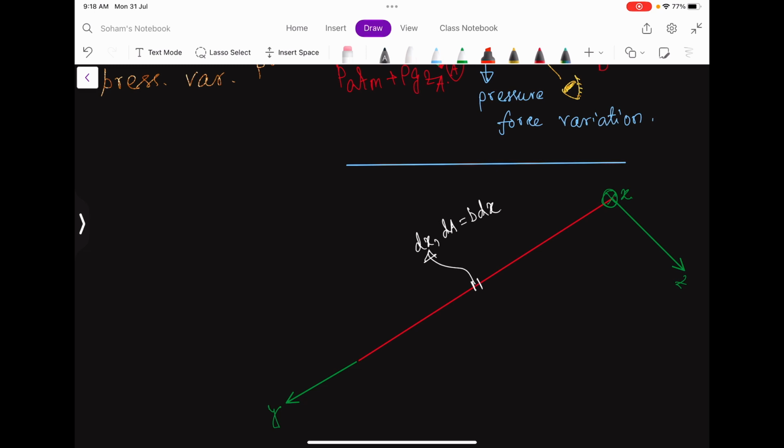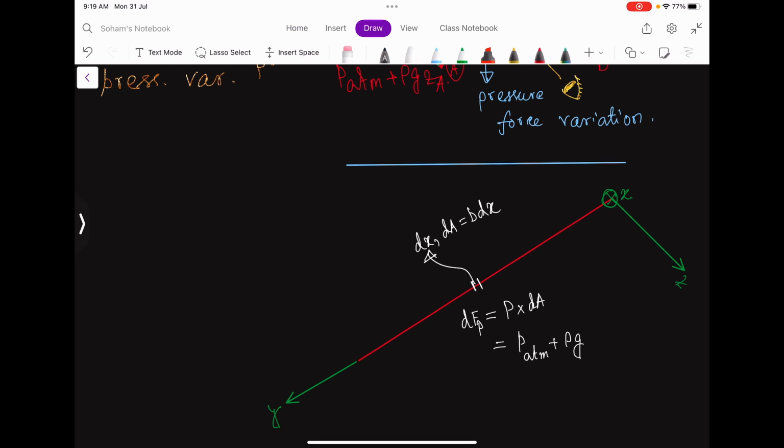I have shown all these things in the previous calculation of the pressure force, so the same thing is here. So the infinitesimally small pressure force is nothing but the pressure acting at this point into this dA, and the pressure acting at this point is P atm plus rho g z.